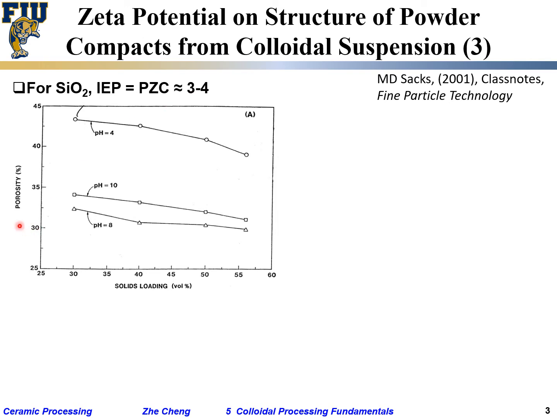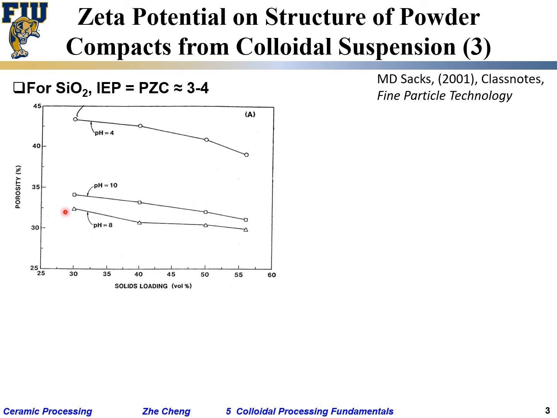Now we are looking at porosity versus solid loading. What does solid loading mean? How much solid. Here I'm using volume percentage. Within my suspension, how much of the volume is solid?